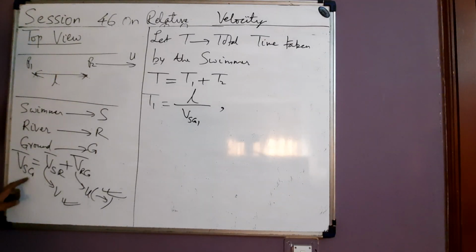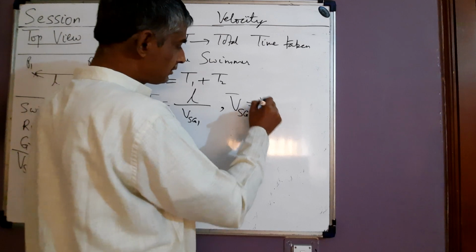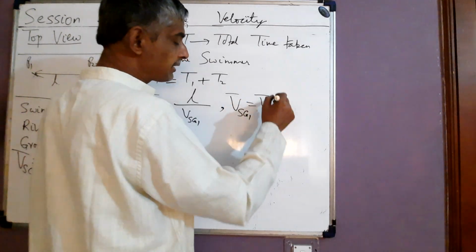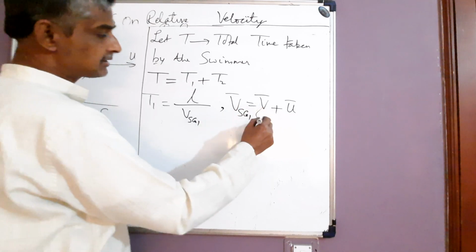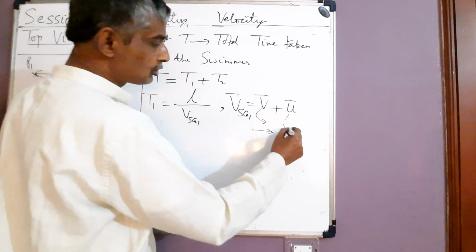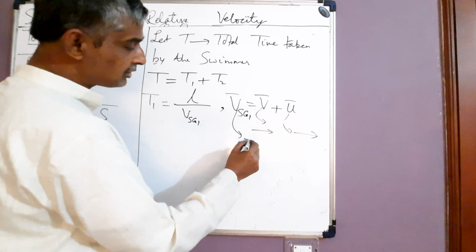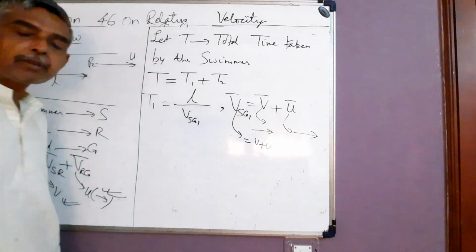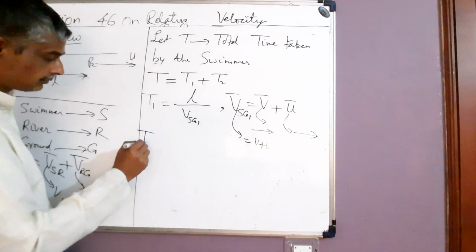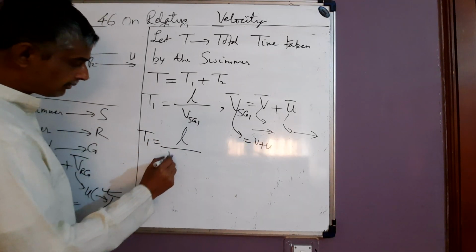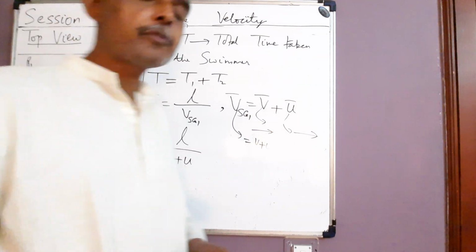We write down the vector equation: VSG1 is equal to VSR, that is vector v, plus VRG, that is vector u. Now v is rightward, u is also rightward, so both are rightward. Magnitude of this is simply v plus u from the law of vector addition. So VSG1 will be replaced by v plus u. So T1 will be equal to L by (v plus u). This is T1.